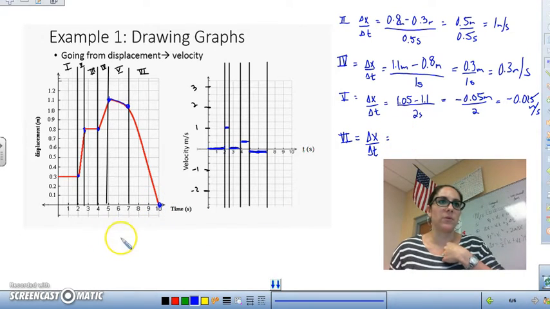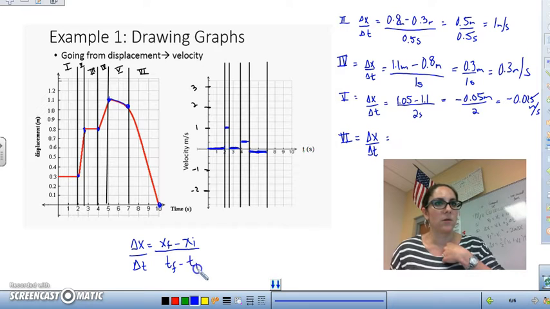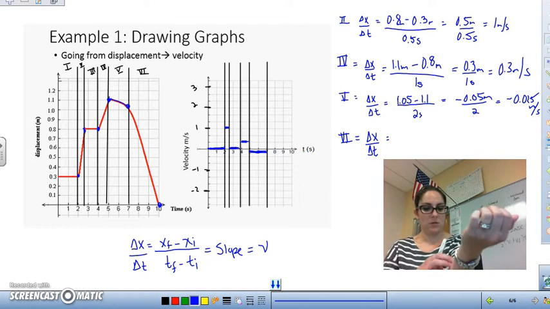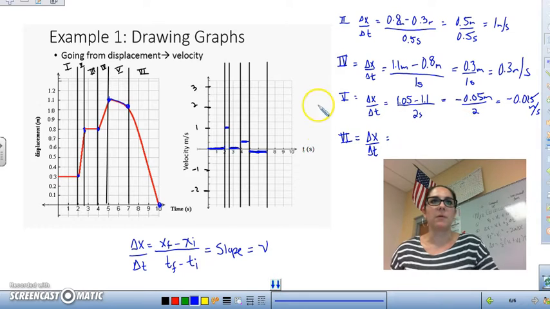So remember, by the way, I'll write this here. I am doing this the whole time. I might be taking shortcuts, but I'm doing final minus initial for each thing. Okay? And we know that the slope of this is our velocity by definition. So that's why I'm solving everything with slopes.